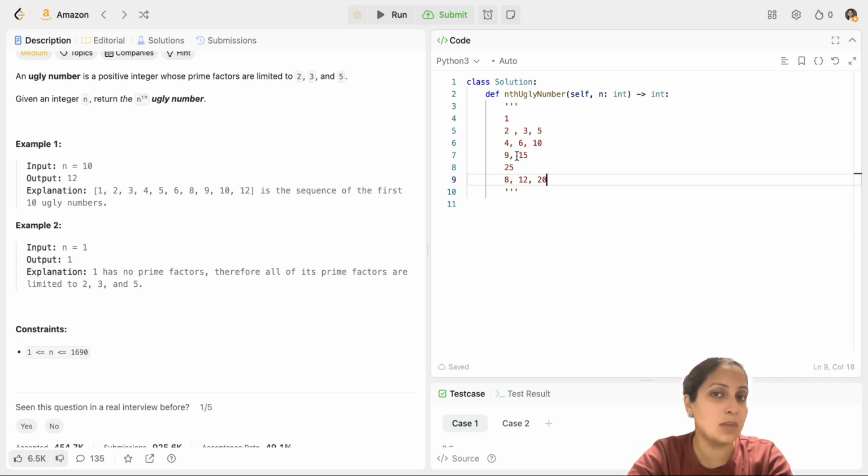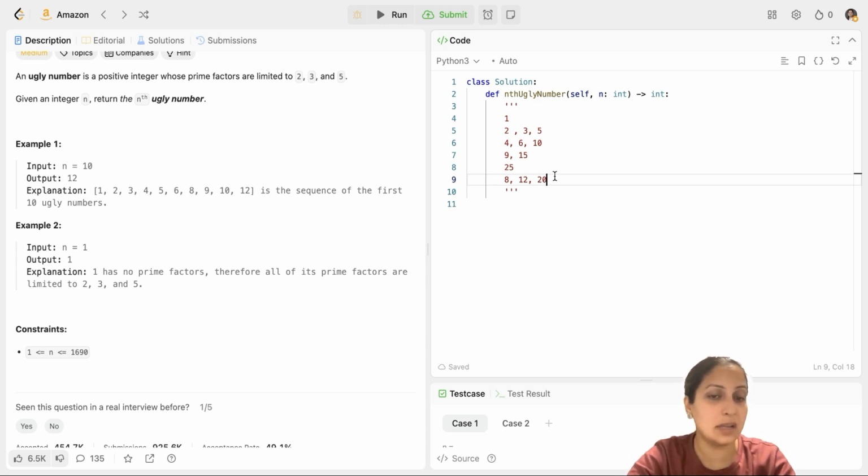You take the minimum, which would be 4, and then you multiply 4 by 2, 3 and 5, where you'll get 8, 12 and 20. Again, with the remaining numbers in the heap, you find the minimum and pop it out. And that's how you will have a sorted array and you will return n equal to 10. So it's kind of a minHeap or priority queue question.